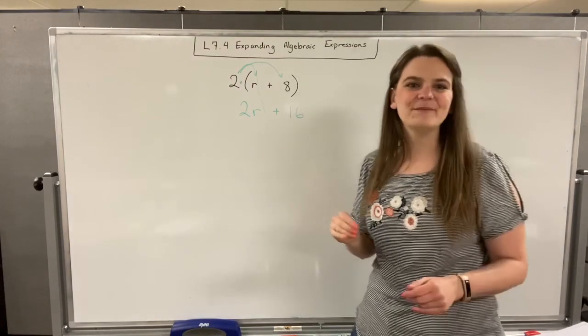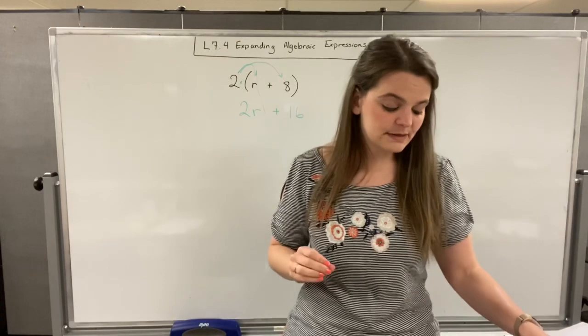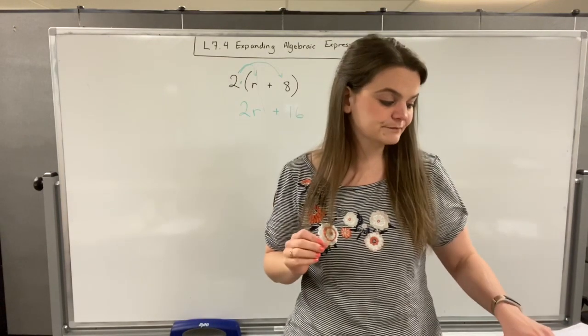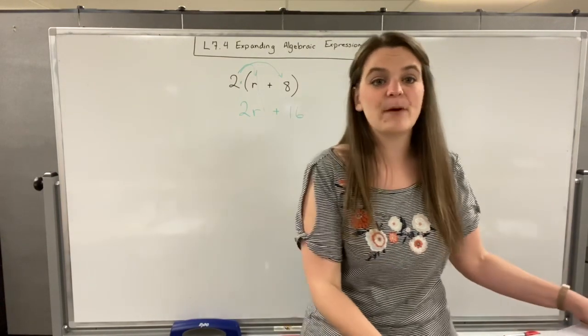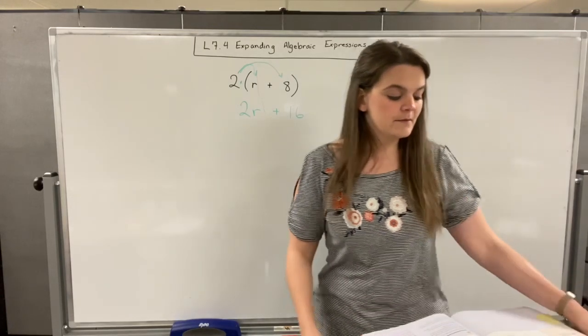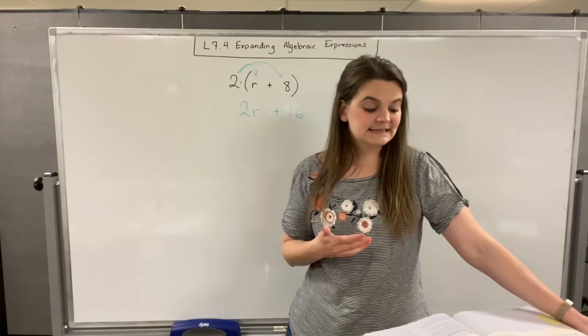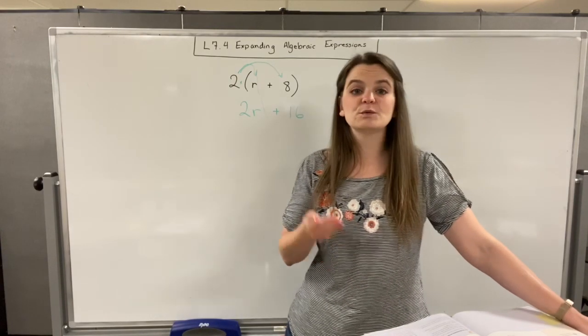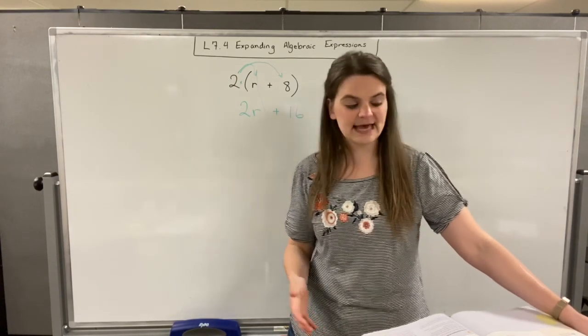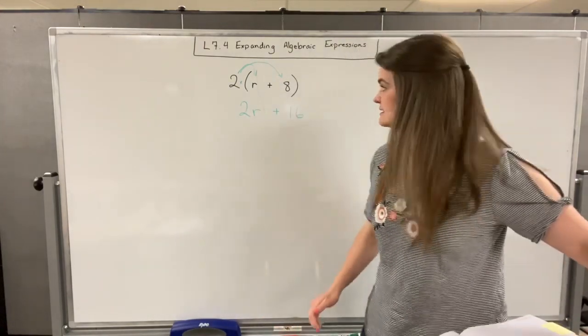Okay, if you open up your textbooks, and I want you to do that now, to page 239, you'll see an example of it done with bar models. But 2 times parentheses R plus 8 means, like they say on that page, 2 groups of R plus 8. So we could also rewrite this.